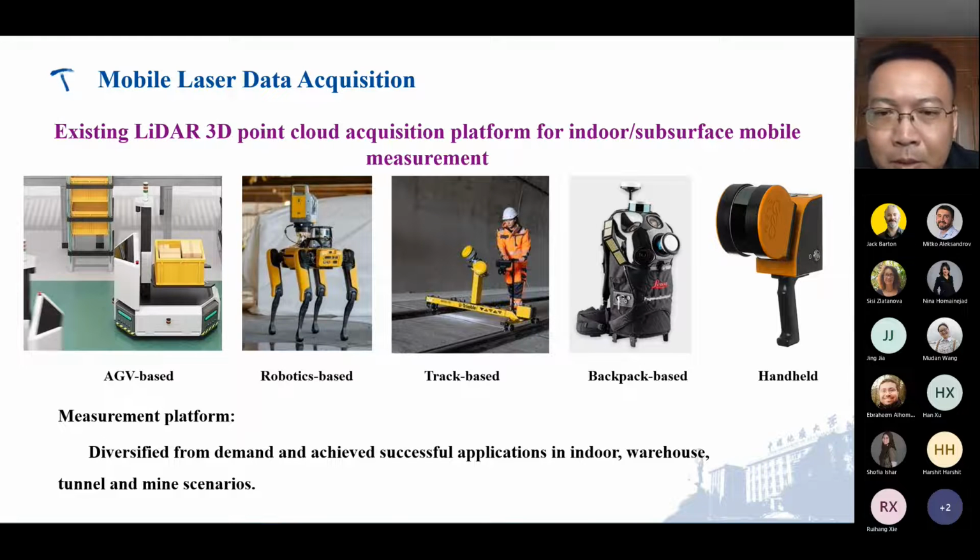And of course, the accuracy, we do not expect much higher accuracy than the normal LiDAR technology, but handheld is quite flexible, and you can even scan the more dangerous or less accessible scenarios in the underground. So I think that the platform can be very flexible for indoor and underground scenarios.